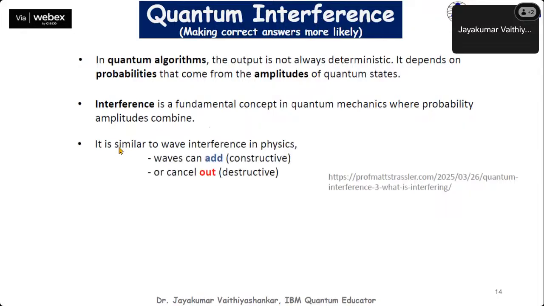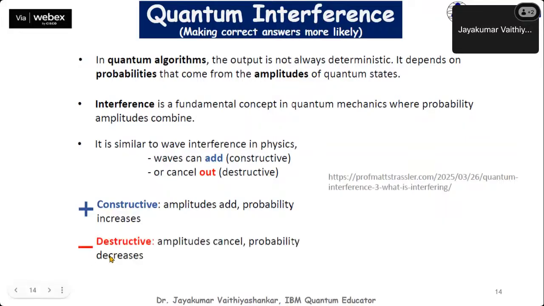It is similar to wave interference in physics. Waves can add, creating constructive interference, or cancel out if destructive. If constructive, amplitudes add and probability increases. If destructive, amplitudes cancel and probability decreases.